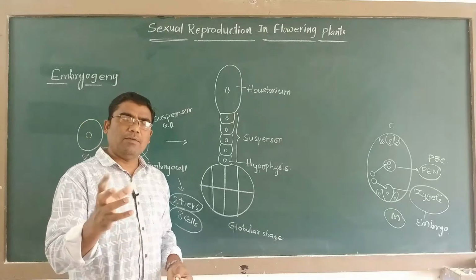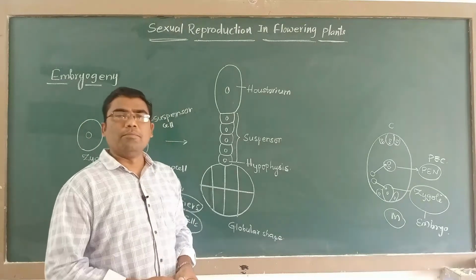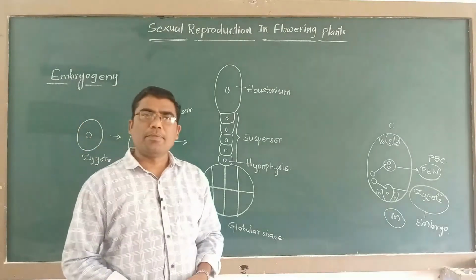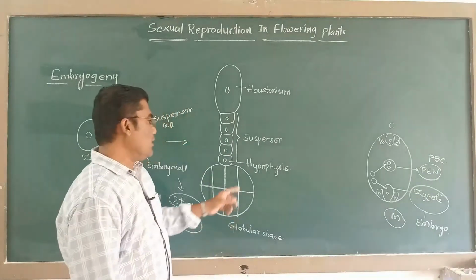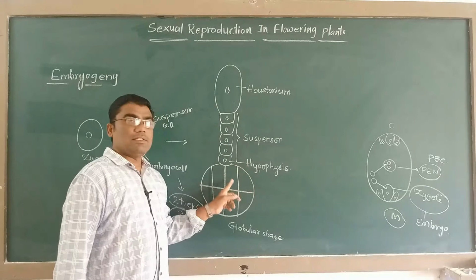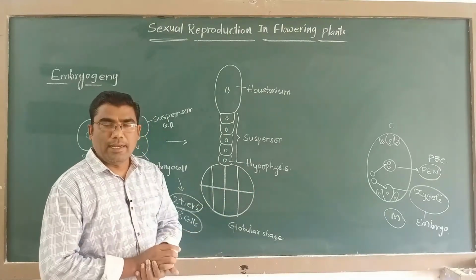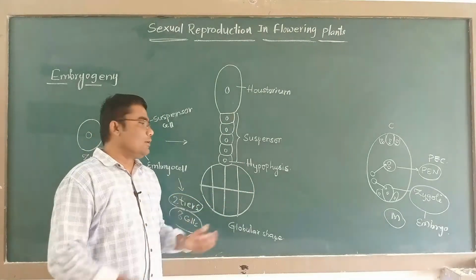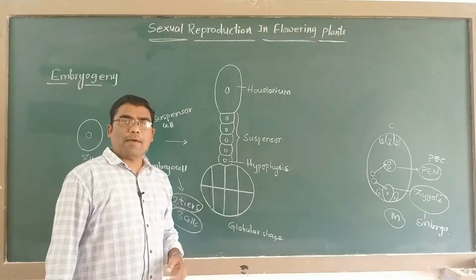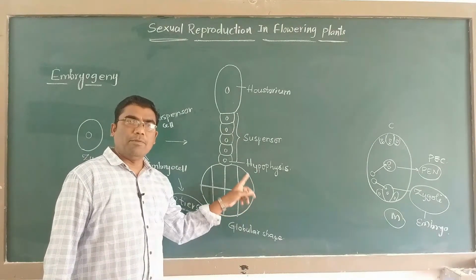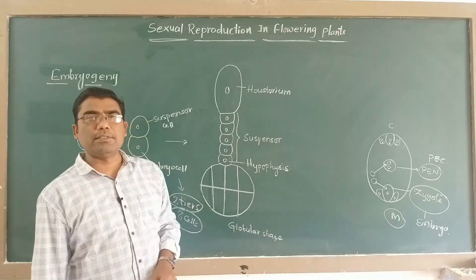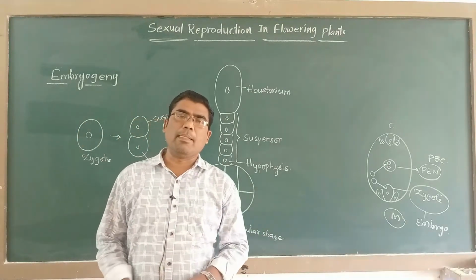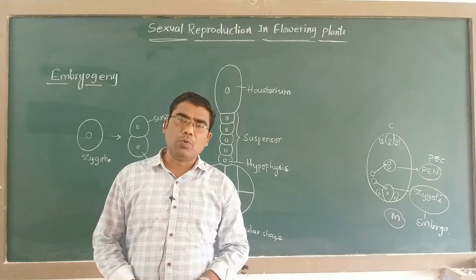We know that the embryo comprises the radicle, and the radicle produces the root system. So here this hypophysis covers the tip of the radicle. It covers the tip of the root, and it acts as a root cap. Please remember this one. What is the function of hypophysis? Hypophysis is helpful for the formation of a root cap.